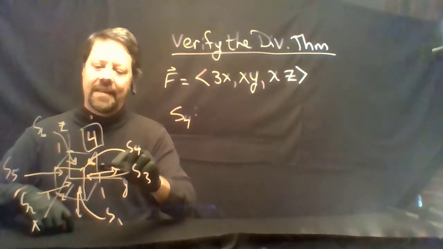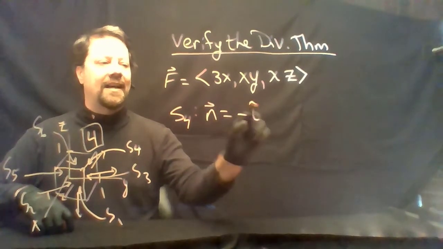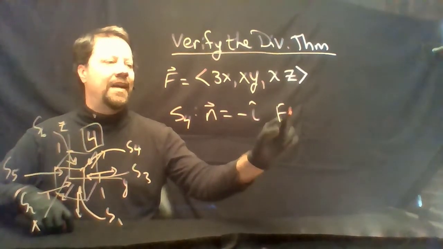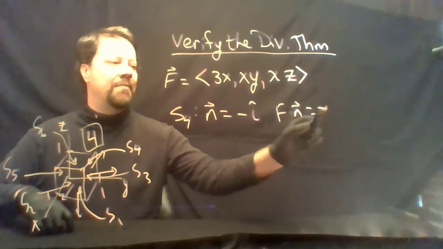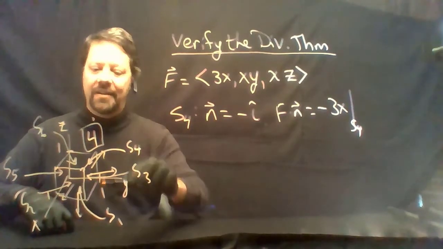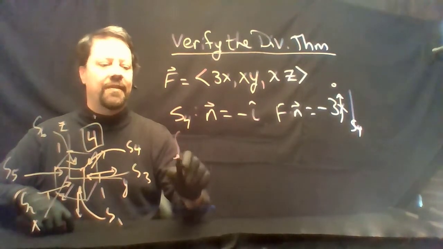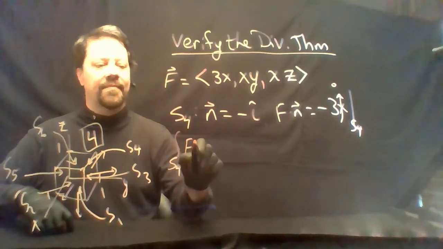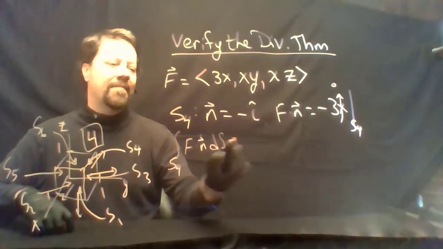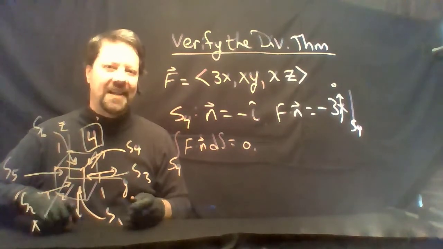On S4, that's the back face, the normal is minus i. So f dot n in this case will be minus 3x, but we evaluate on S4. And on S4, x is 0. So the flux on S4 is 0. Still a running total of 3.5.